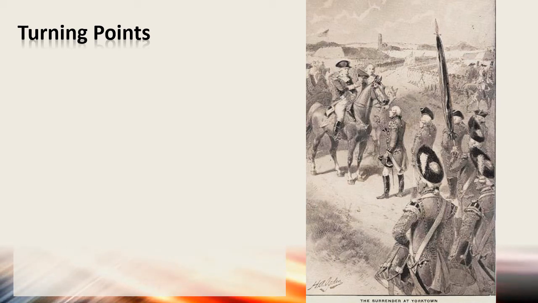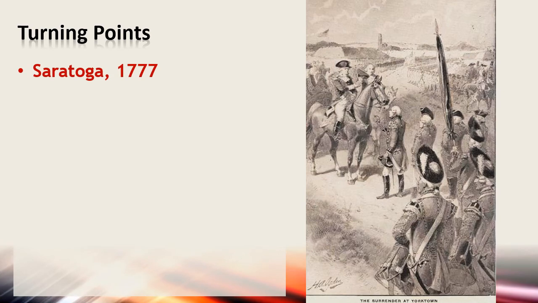Or sometimes these turning points offer a chance to see where a different choice was made by one side or the other, and that choice does change the outcome of the war. Good example would be Saratoga, 1777.